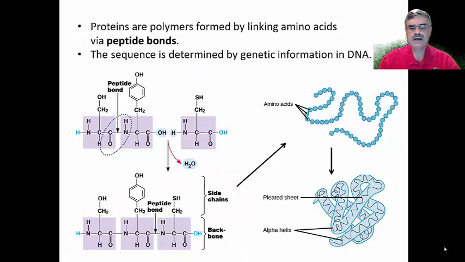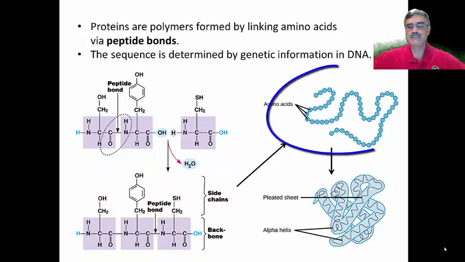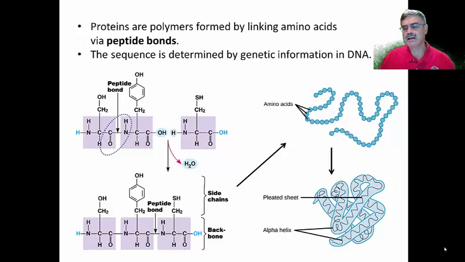Now, when you string together these amino acids, you can form a long polypeptide, a polymer of amino acids. And this polymer can be 100 or more amino acids strung together. Now, in biological systems, the sequence of amino acids is not random. It has a particular order, and that order is determined by the genetic information in DNA.